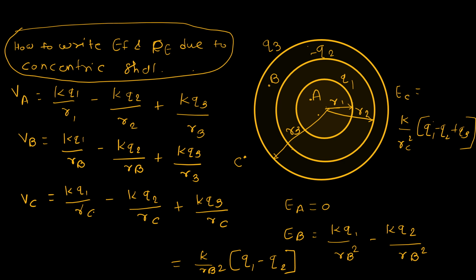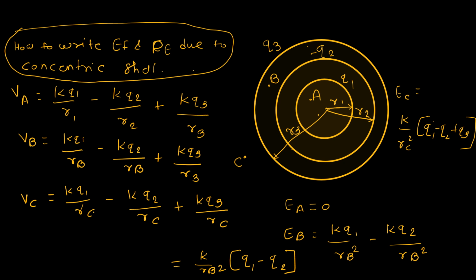Our target is to determine the electric field and potential at points A, B and C. So we have to write down the equations for electric potential and electric field at these respective points. Okay, now let us start.